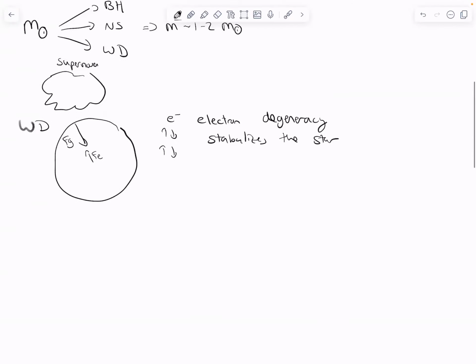Now, for a neutron star, it's different. You still have the force of gravity pulling you inwards, but the thing that's actually pushing you outwards is a bit more complex. You could have neutrons pushing you outwards, or you could even have something like hyperons, or something like quarks.